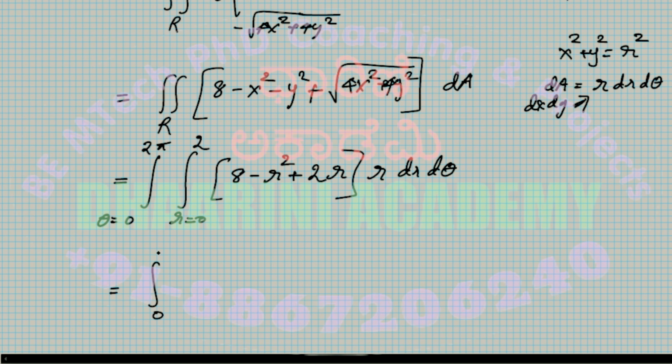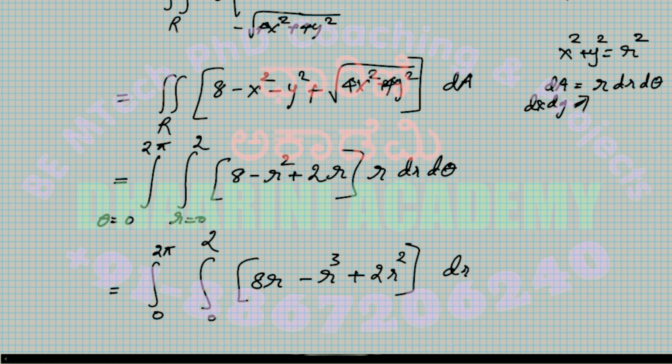I'll write the final equation to be integrated. 0 to 2 pi, 0 to 2, this is 8r minus r cube plus 2r square dr d theta. That's the final volume required.